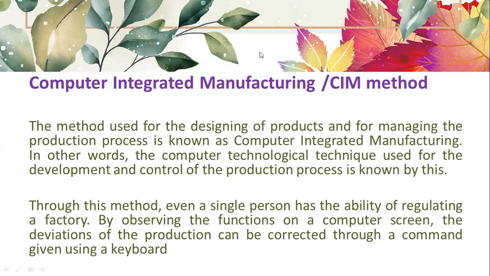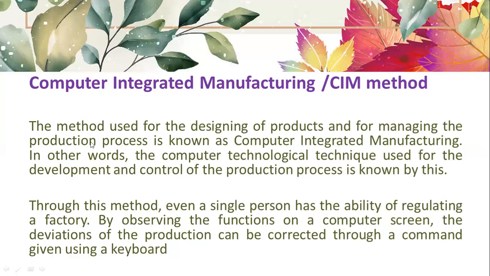Mean, the whole process is done by a new technology, right? So then just go through this one. The method used for the design of the products and for managing the production process is known as computer integrated manufacturing. In other words, the computer technology techniques used for the development and control of the production process, right?